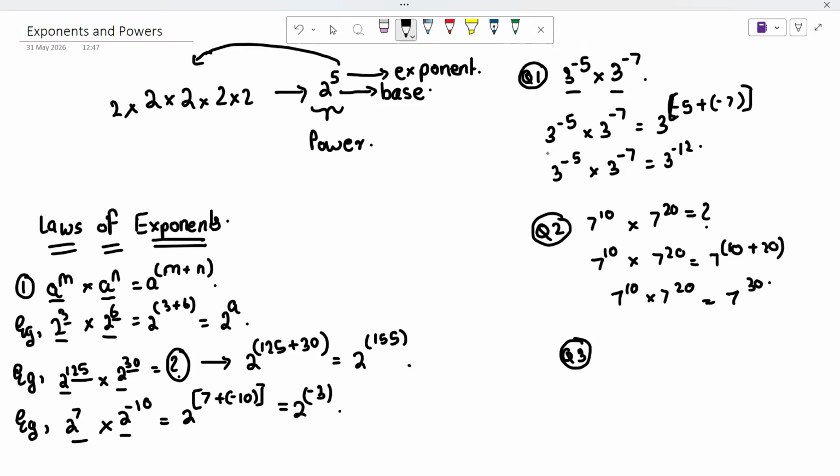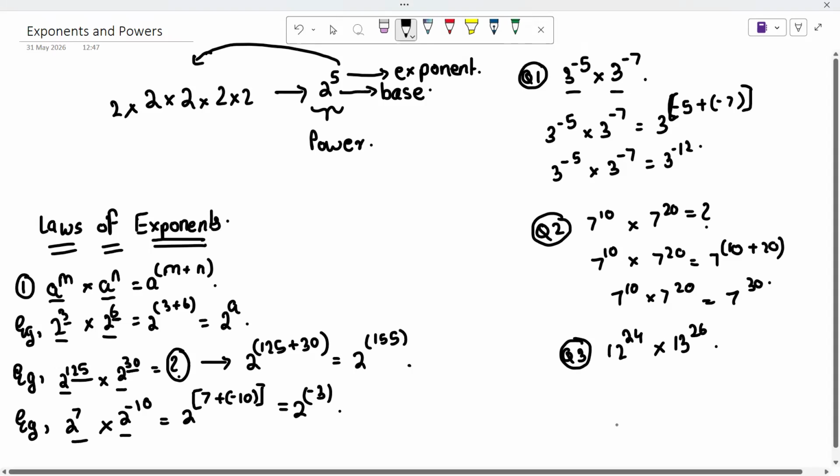So let's think of a question. We can have, wait 1 minute, 12 power 24 into 13 power 26. Now, think of how to solve this question. Can you solve this question using the first law of exponent? Can you?